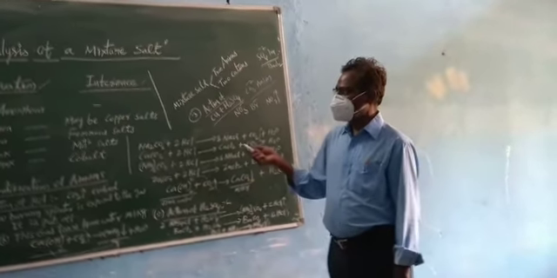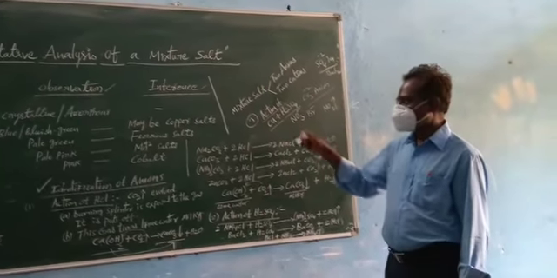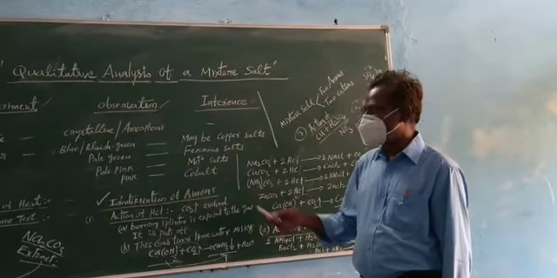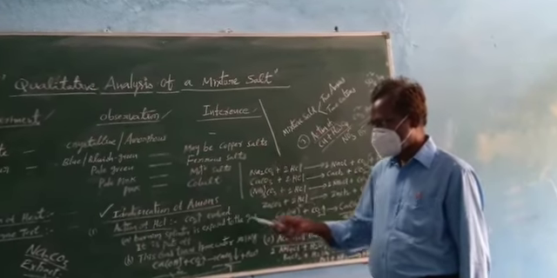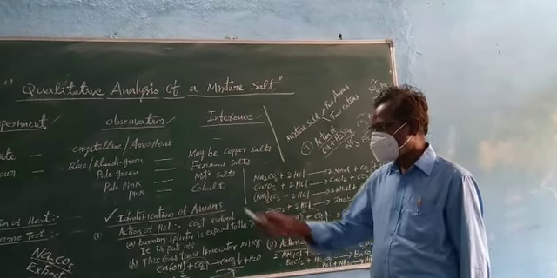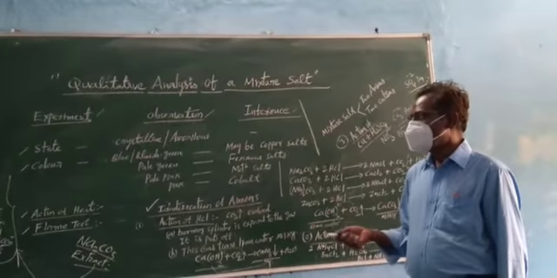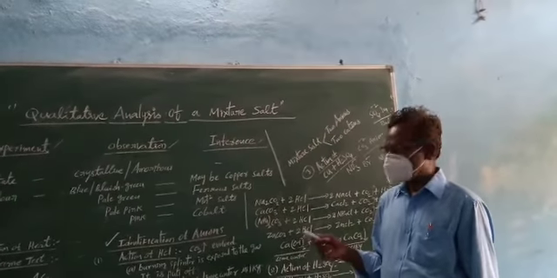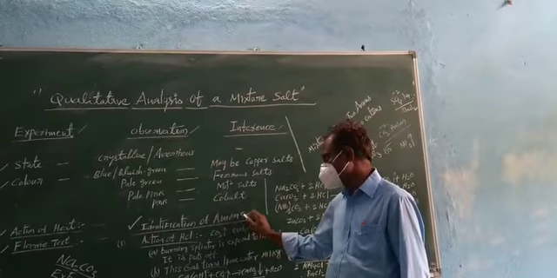So here these are some of the reactions regarding anions. First the preliminary tests: state, color, action of heat, flame test. These are the preliminary tests of mixture salt. Then identification of anions.